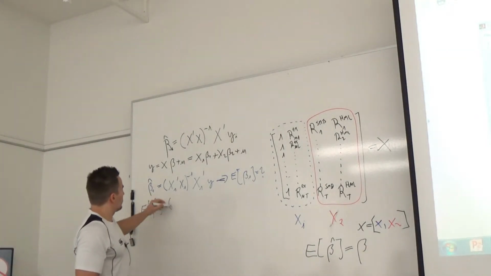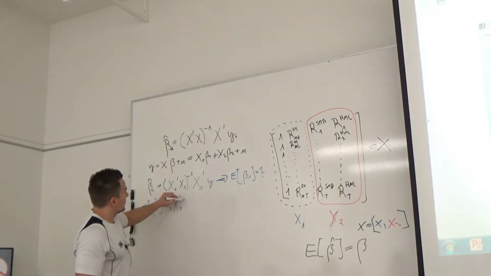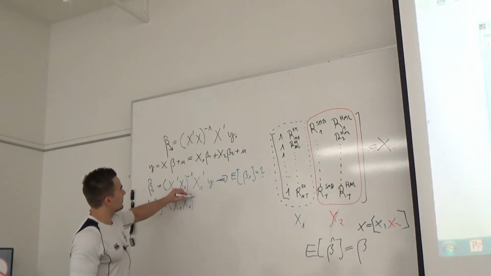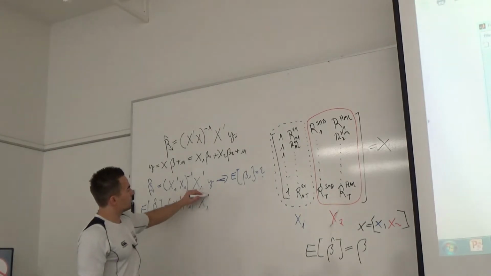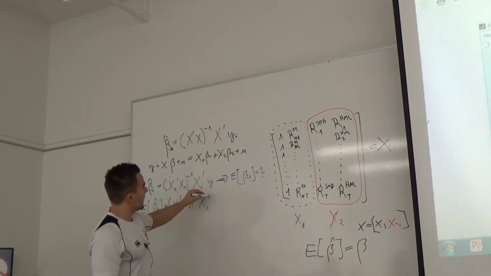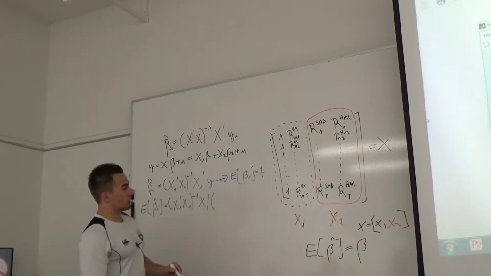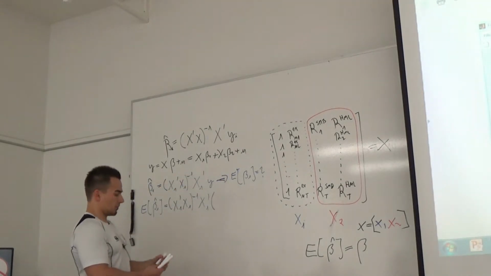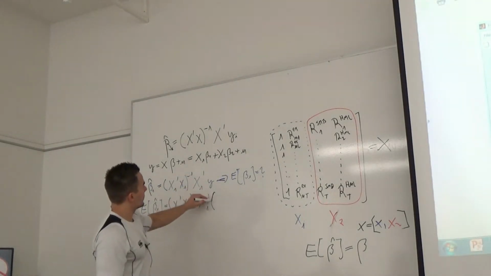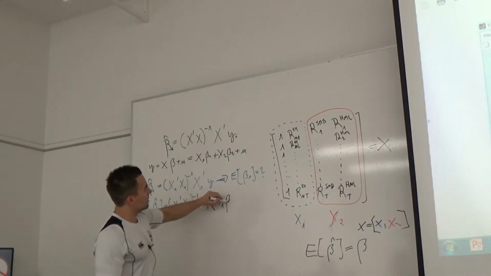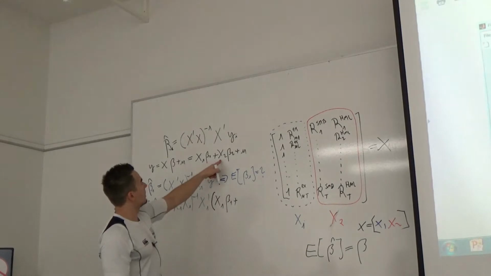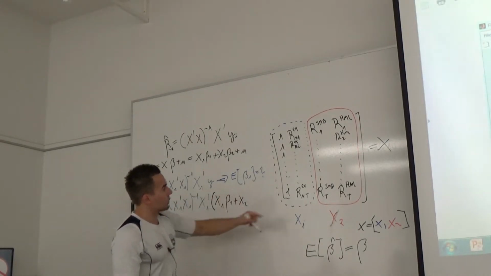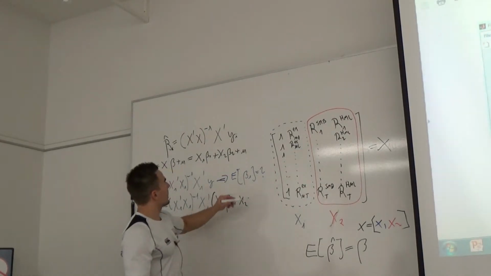So let's just rewrite the equation. And now we put in for y what it is. So y is what we have here. It's x1 times beta 1 plus x2 times beta 2.